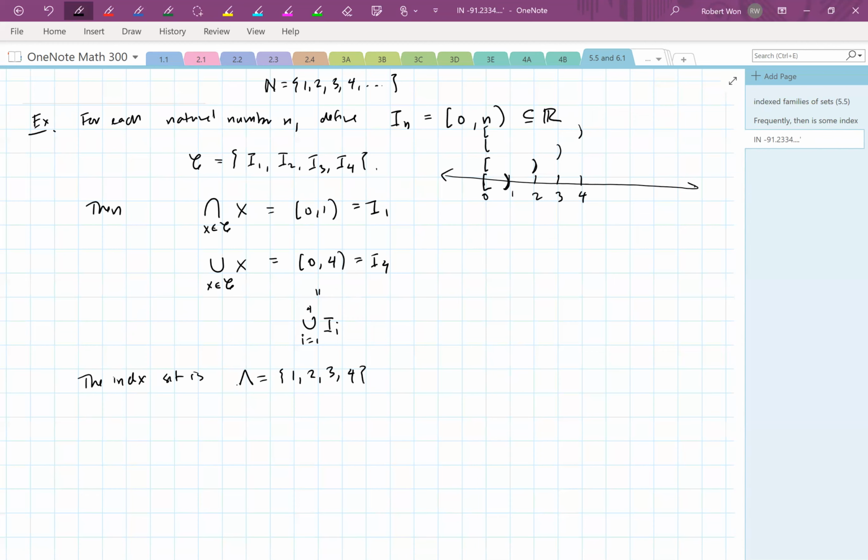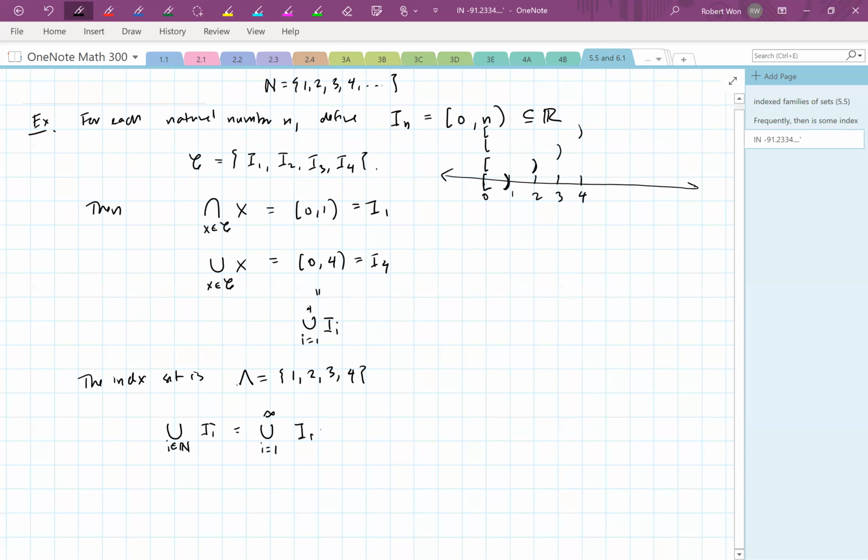Of course, we could allow other index sets. So maybe I should ask you, what if I take the union over all n in N of I_n? What happens if you take the union over all the natural numbers? Let me write this as the union from i equals 1 to infinity of I_i.